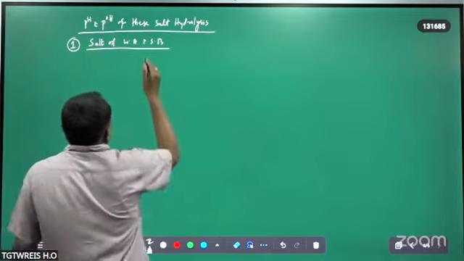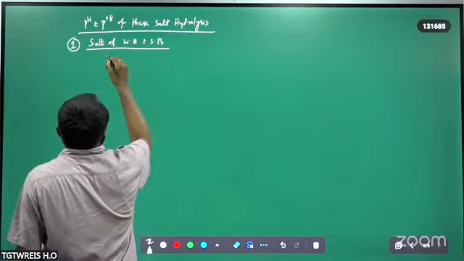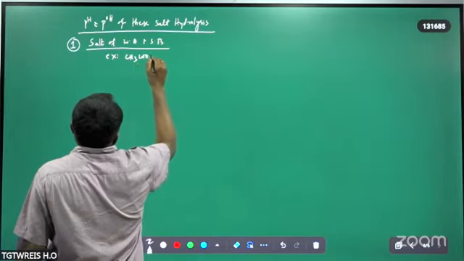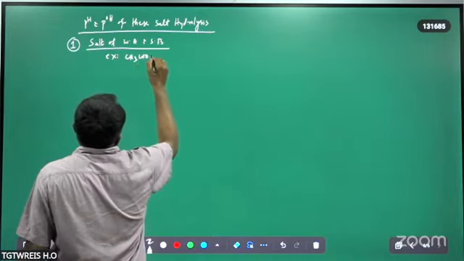What are the examples of this weak acid and strong base? For example, weak acid CH3COOH and strong base NaOH.